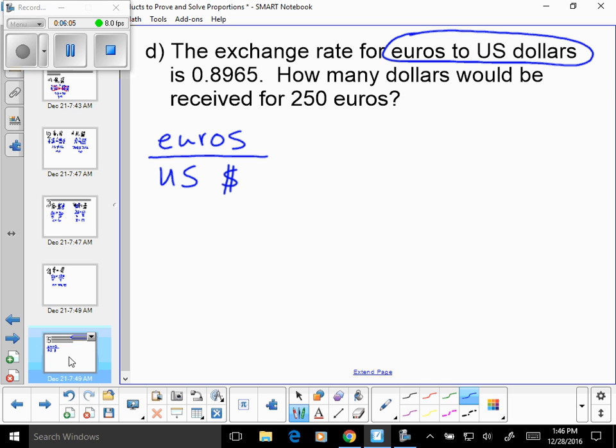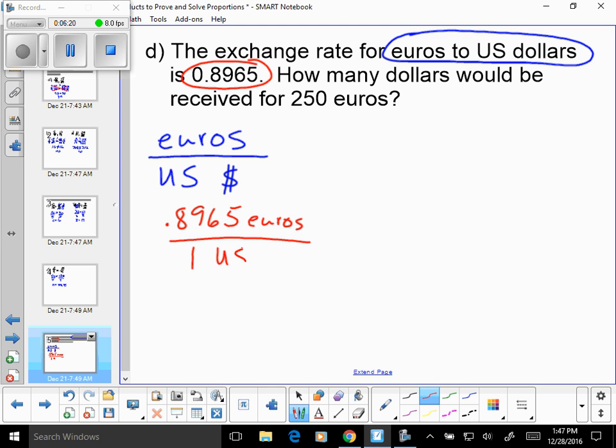The next thing they tell me is that the ratio is actually equal to 0.8965. Now, what that means is 0.8965 euros to 1 US dollar. Notice I'm repeating that ratio language, euros to US dollars.